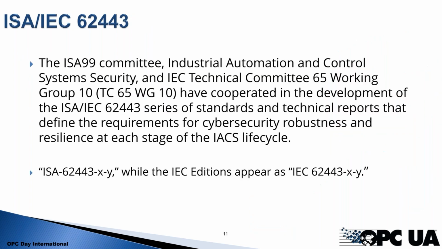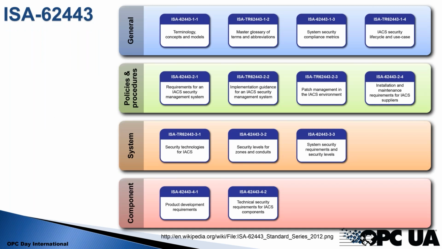And that's where the IEC 62443 standard came into play. This was a standard that was developed by ISA and IEC in a joint set of working groups. It isn't a standard, it is actually a whole set of standards. It provides a set of common terms and ways of describing security, which is always important so that everybody's looking at it from the same point of view.